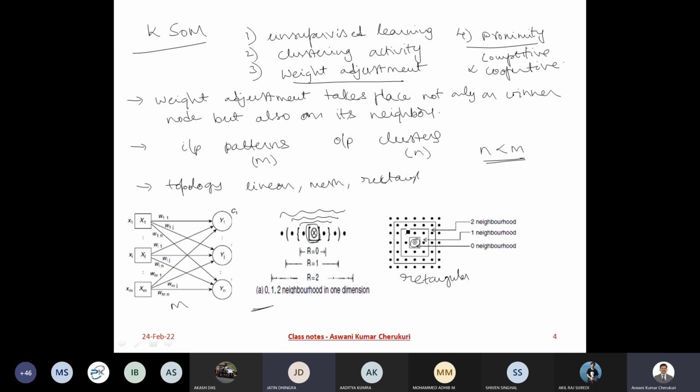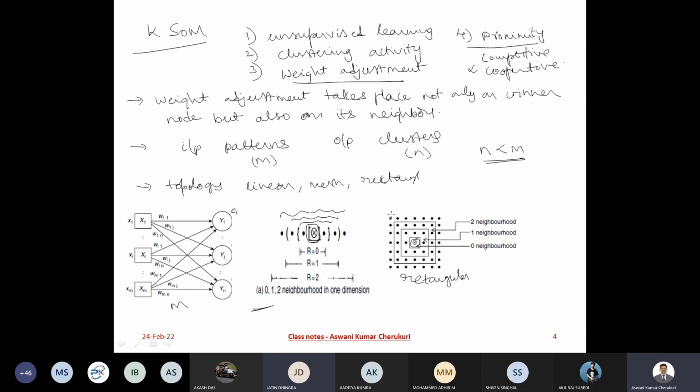So when you have a rectangular architecture or structure or topology with the radius 1, you can notice how many nodes are getting excited, or how many neurons are getting affected, with radius 2, and similarly radius 3, and so on, based on the radius.